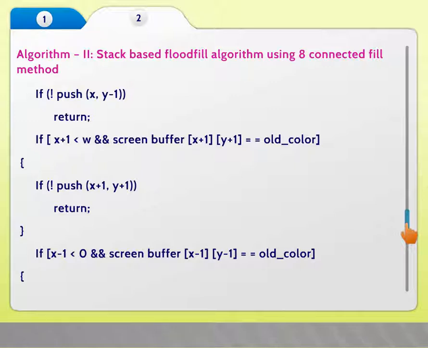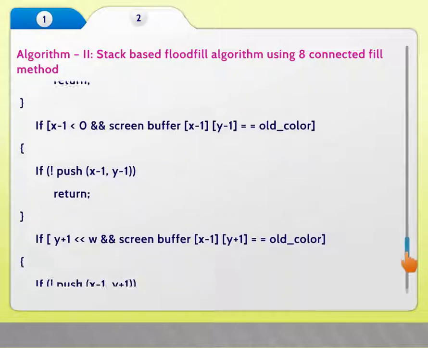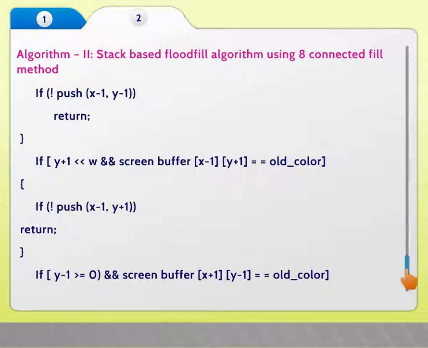If x+1 < w and screen_buffer[x+1, y+1] is equal to old_color, if not push(x+1, y+1), return. If x-1 < 0 and screen_buffer[x-1, y-1] is equal to old_color, if not push(x-1, y-1), return.